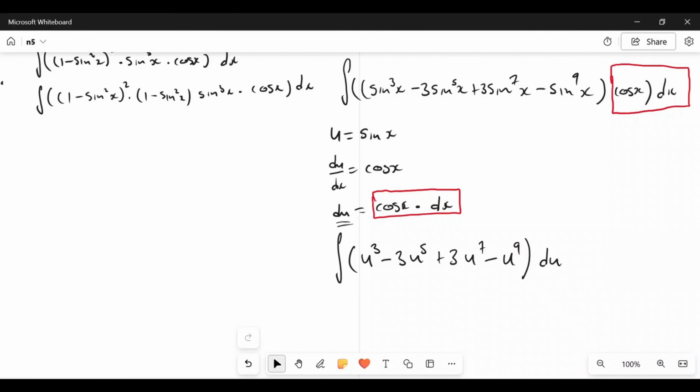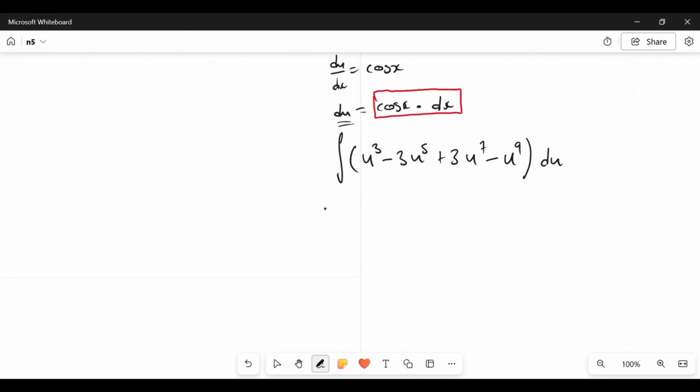So when it's like this, it's easy for us to integrate. So let's integrate this. By the way, this is a standard integral. We are all good. So when we integrate, remember, we're going to equate this to y, and then we use the standard integral. It goes like this. You have u to the power of 3 plus 1 divided by 3 plus 1. There we go. Minus 3, and then we have u to the power of 5 plus 1 divided by 5 plus 1.